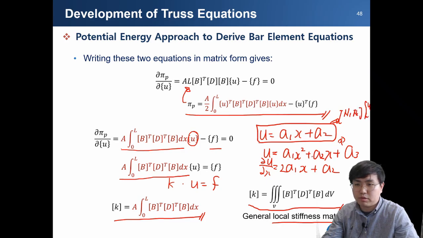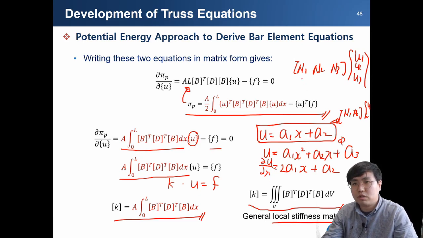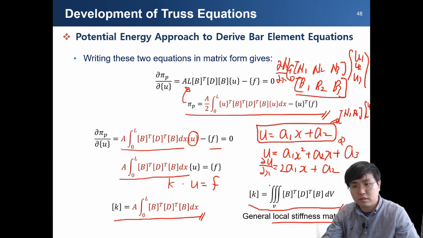However, if you have three unknown components, that becomes n1, n2, n3, and u1, u2, u3. At that time you can easily define the b1, b2, b3 derivative shape functions, so that we can obtain those B matrices easily.